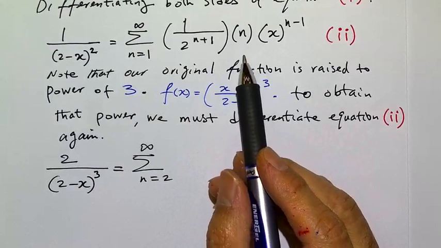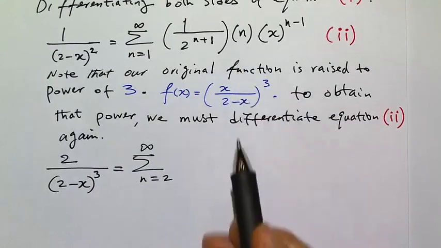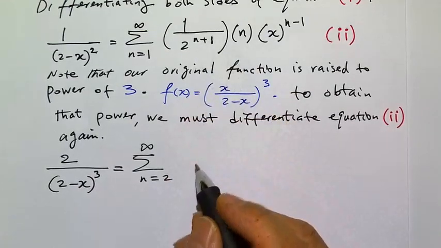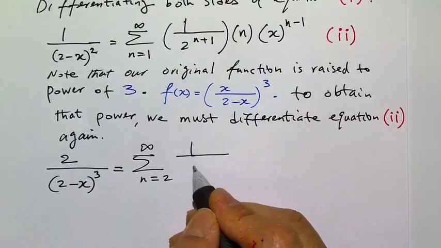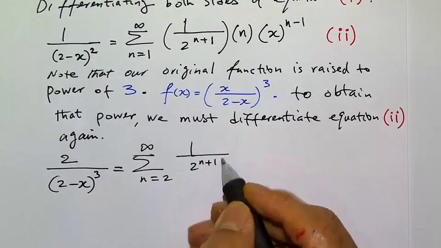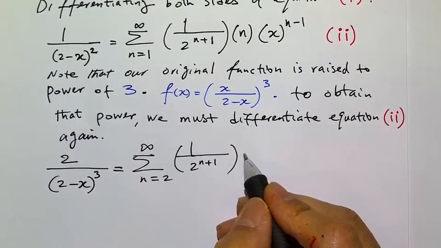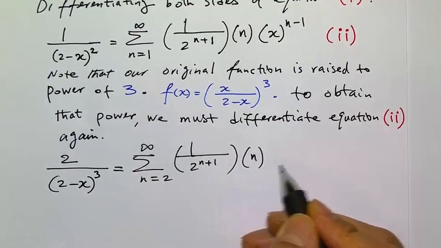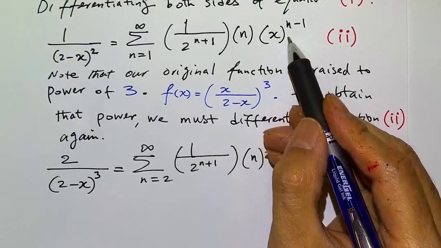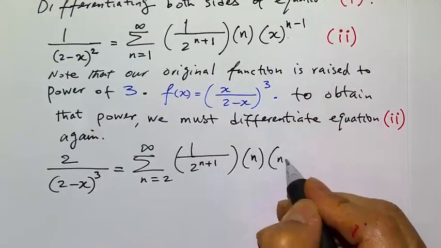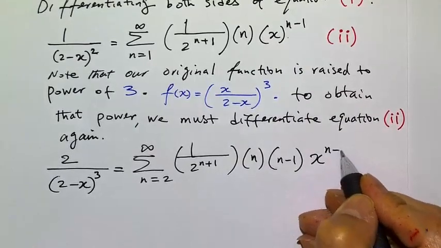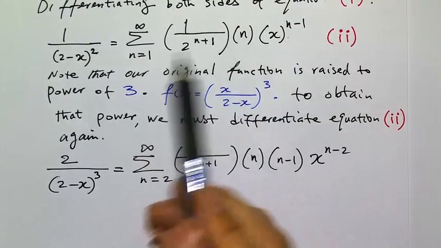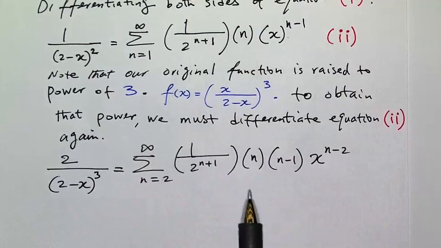And then we have, again, this is going to be our constant. So we have 1 over 2 to the n plus 1 power times n, this time n minus 1, times x to the n minus 2 power. Just taking the derivative of the right side, the power series, with respect to x.